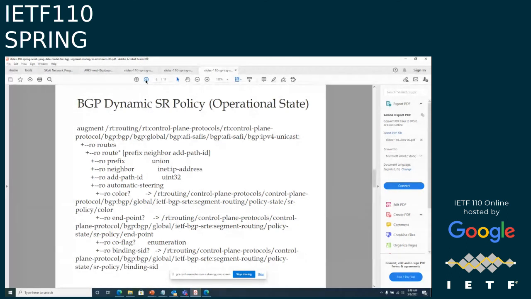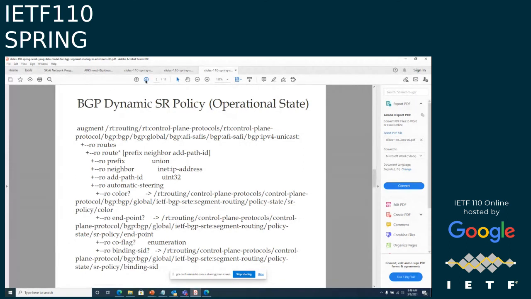So when BGP initiates this SR policy, BGP associates that policy with the routing path for the BGP route path, and the existing BGP route path will be enhanced or augmented with additional information in addition to the existing BGP route path information, like the next hop and others. A new set of information would be associated with the BGP route path.